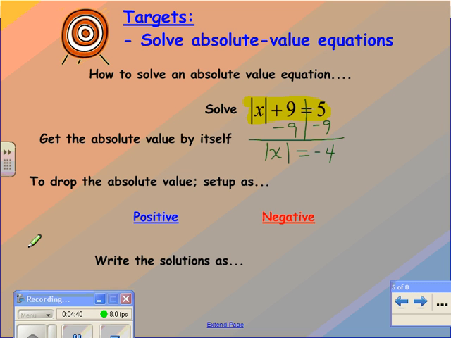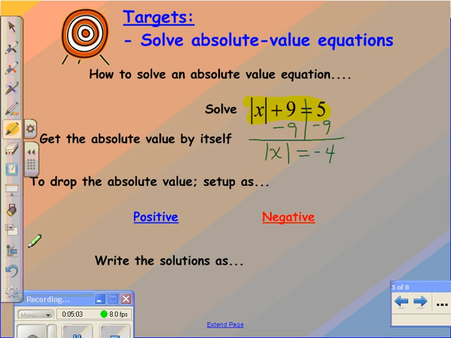Now, here's the question. If I take the absolute value of something, can I ever get a negative answer? And the answer is no, I can't. Since I'm trying to find a distance from 0, I can't have -4 as a distance. I have the absolute value isolated right here, but then I'm trying to say that it's equal to -4.